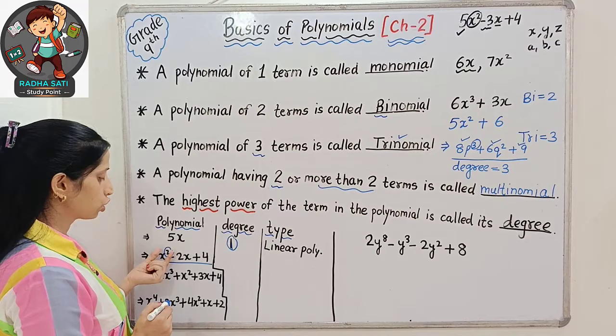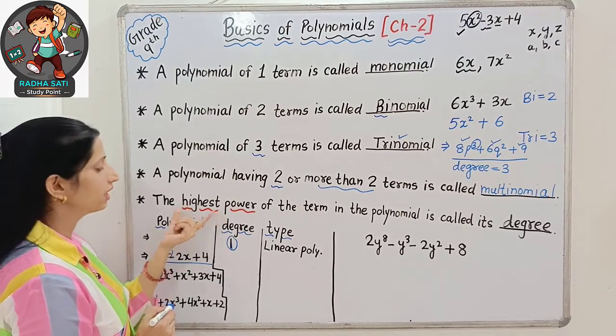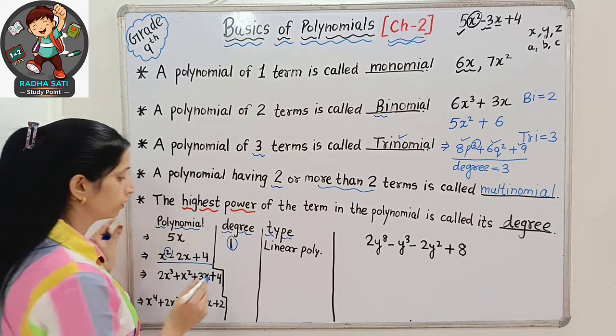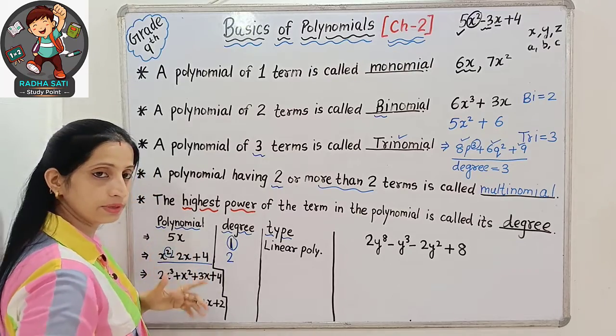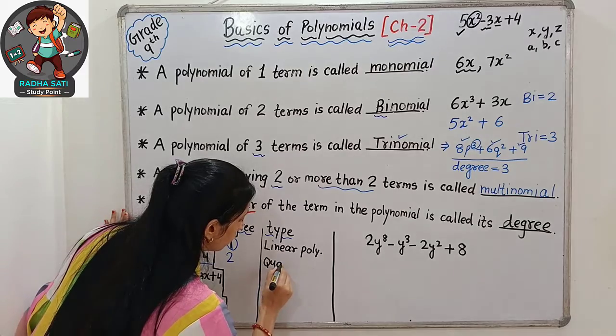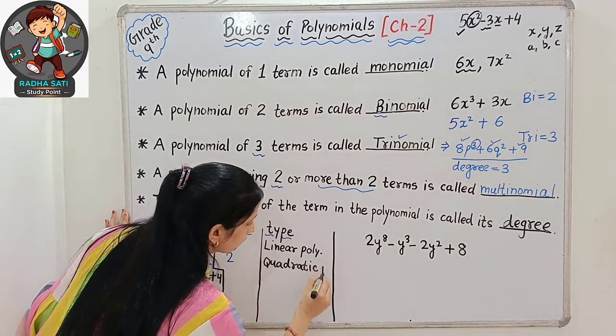The power of x is 2, here the power of x is 1. And what is the definition of degree? The highest power of the term. The highest power is 2. So hence the degree will be 2 and its name will be quadratic polynomial. Q-U-A-D-R-A-T-I-C, quadratic polynomial.